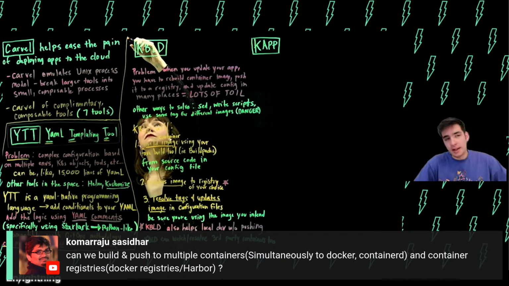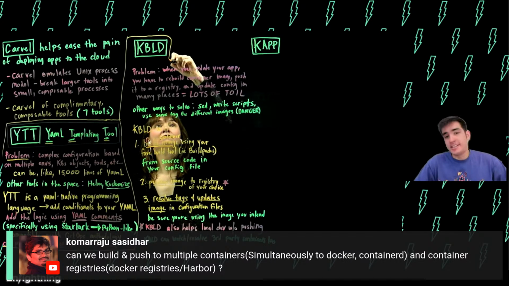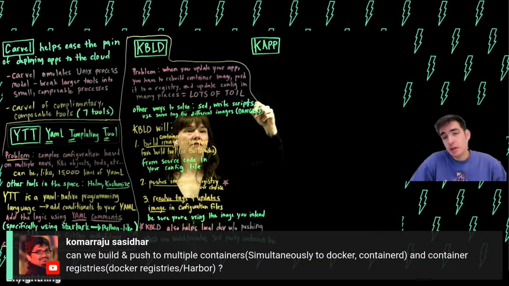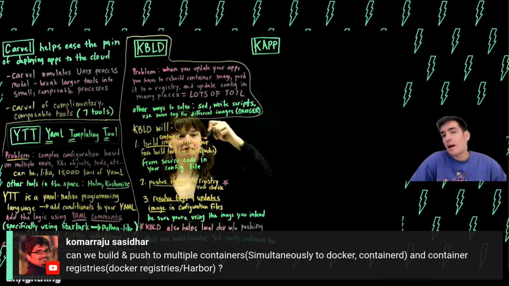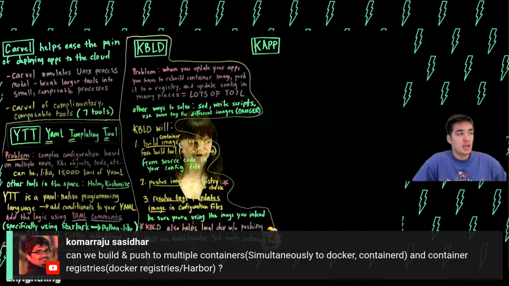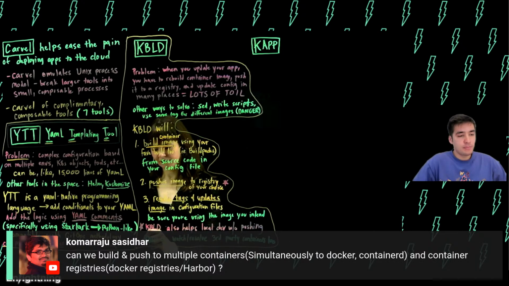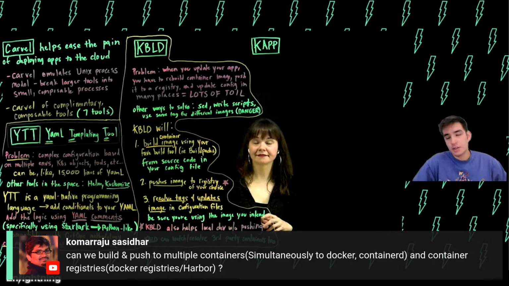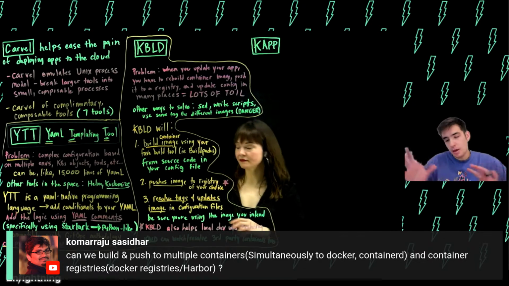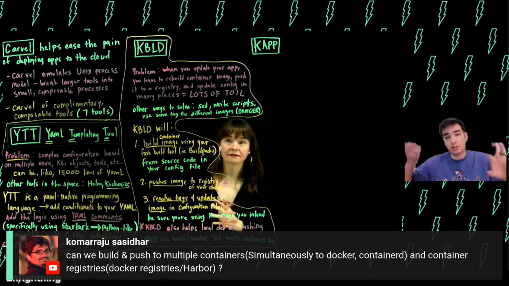So normally I would have a kbuild for each app, right? I wouldn't necessarily kbuild multiple applications together, even if they were not my application. Like if I was installing Prometheus and Logstash at the same time, or FluentBit or something, I would use kbuild separately for each one of those things.